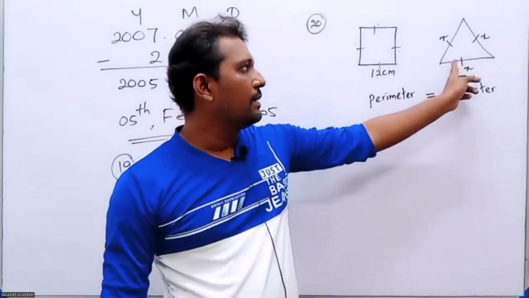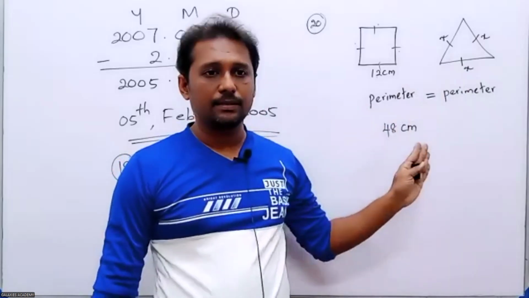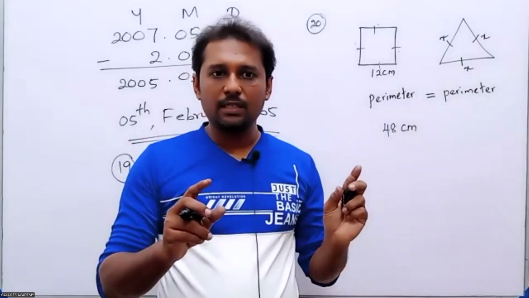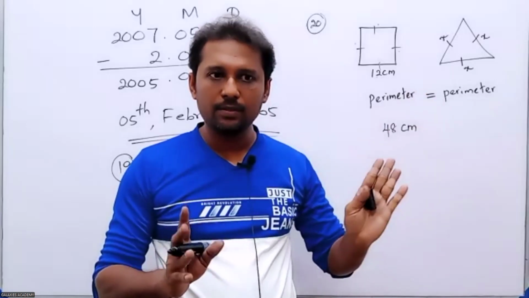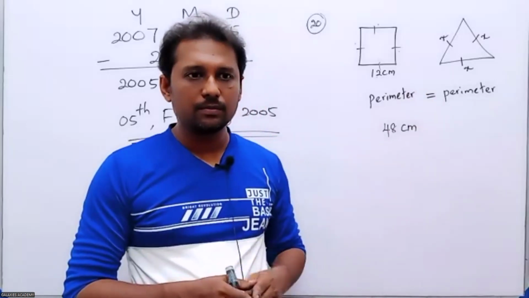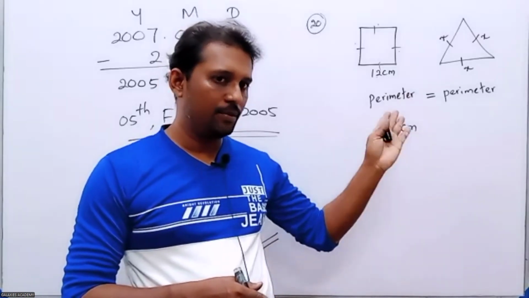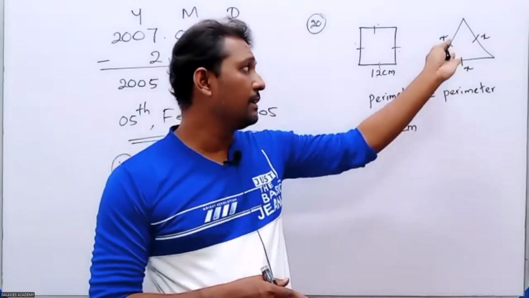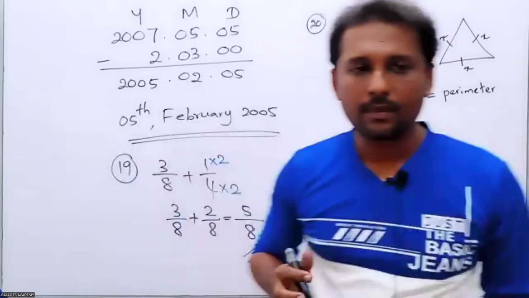So this equilateral triangle's perimeter should be 48. How many sides does the equilateral triangle have? 3 sides. All are equal, no? So what you have to do is divide the perimeter by 3. Then you can find the side length of this equilateral triangle, right?